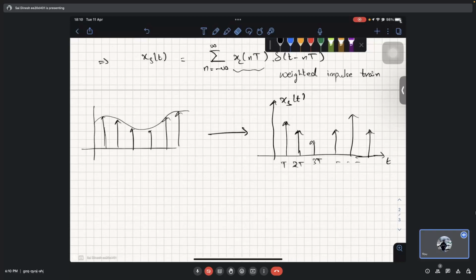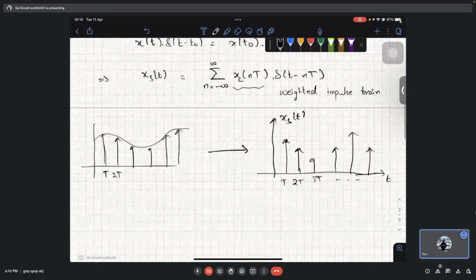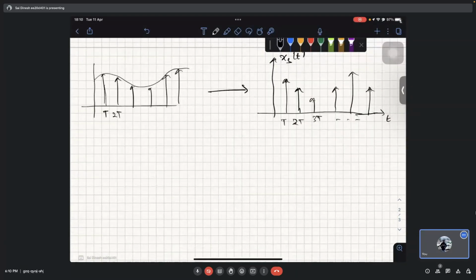Now this periodic sampling, with T, 2T, 3T, etc., can be done at an arbitrary sampling period.